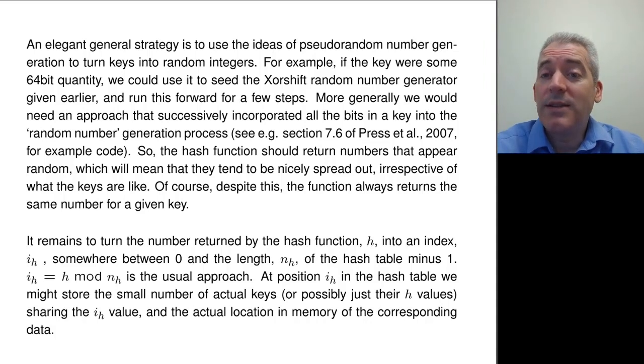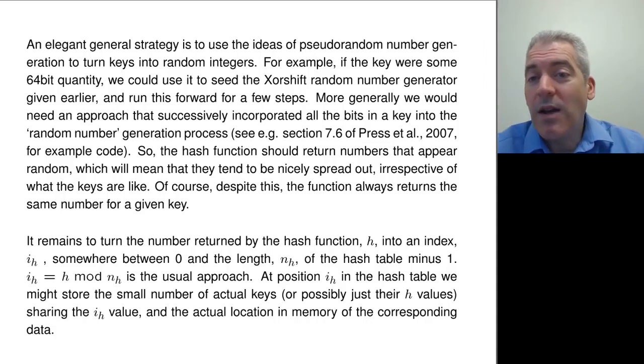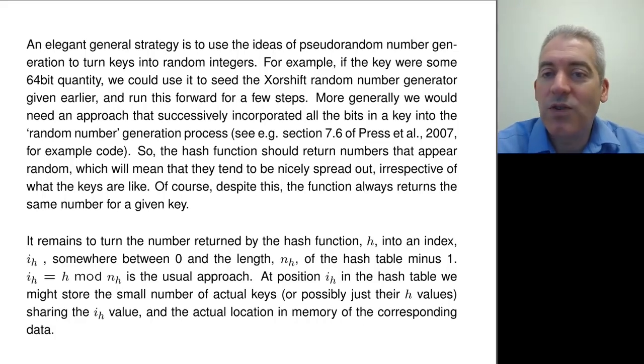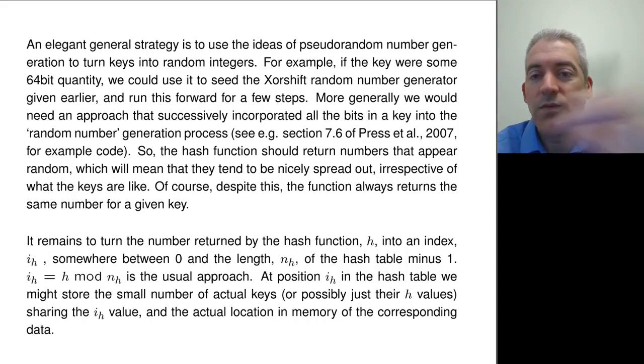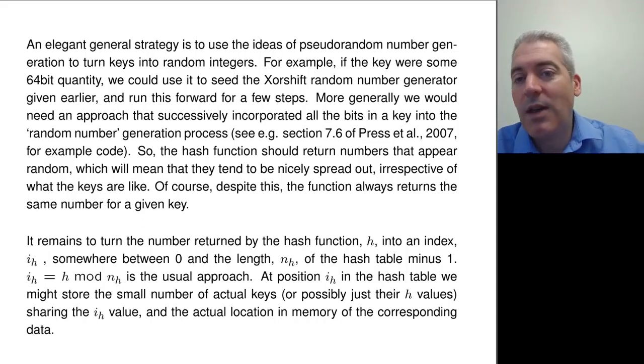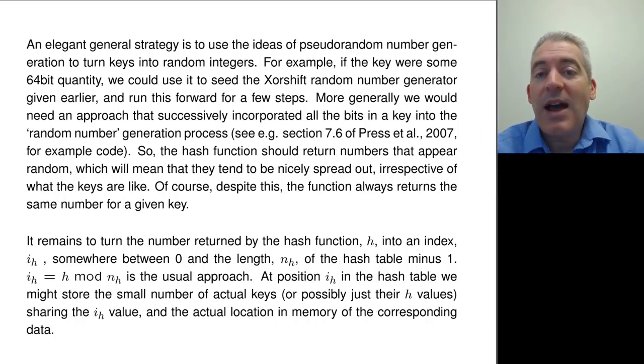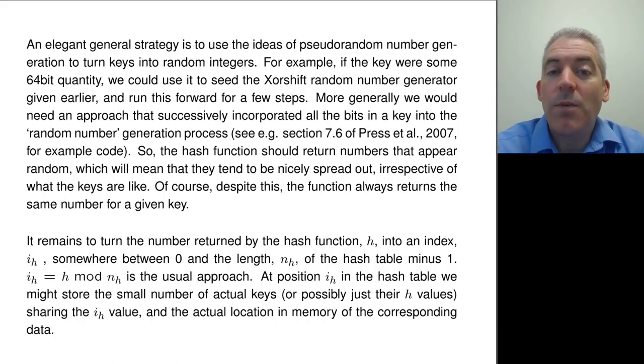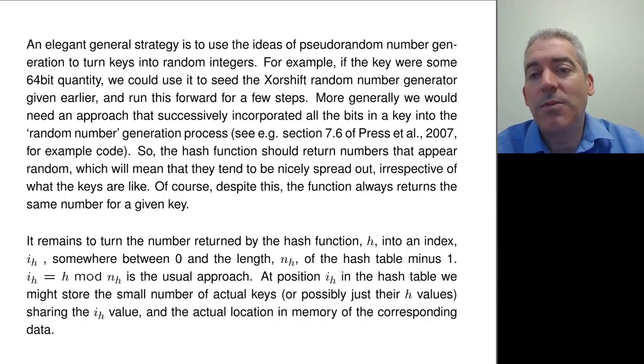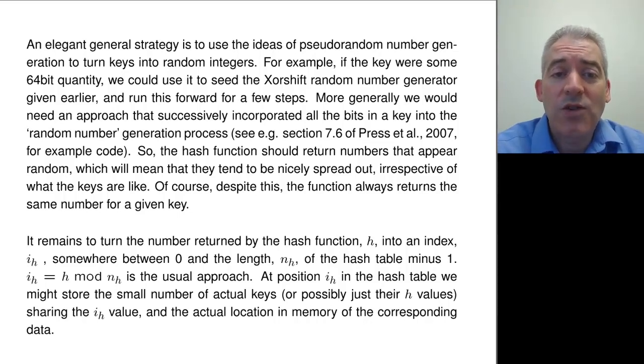But if we were to put in a slightly different key, we would get a completely different hash value out that would be completely unrelated to the hash of the closely related key, because this random number generation process would split those keys apart in hash space. So whatever set of keys we have, our hash values are going to look like uniform random numbers over our space of hashes. We decide on the size of our hash table and we end up with hashes that are uniformly distributed over the size of that hash table.